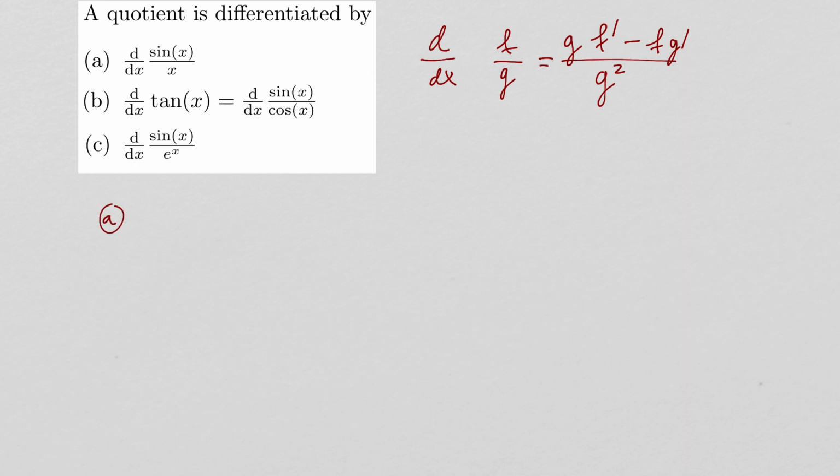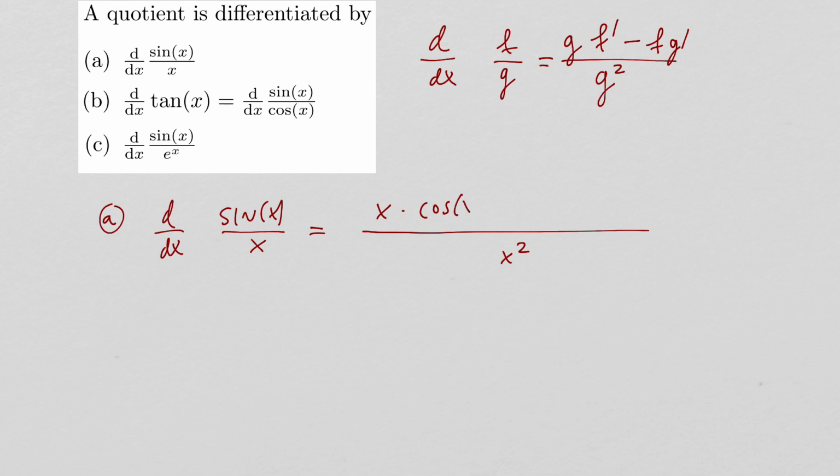In A, we obtain that the derivative of sine x over x is in every case something divided by x squared, and we will get first x times the derivative of sine, that's cosine, then minus the derivative of x, that's 1, times sine.